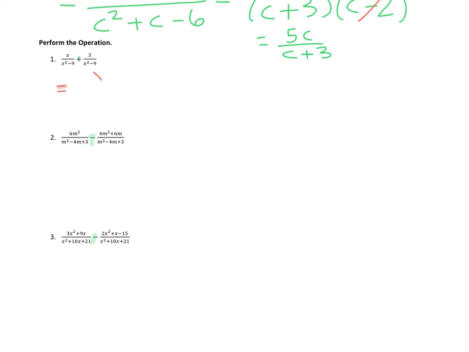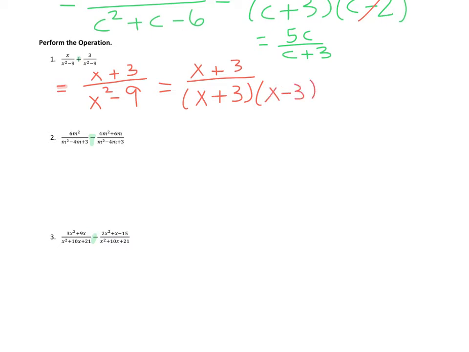All right, welcome back. So all of these have the same common denominator. So again, the denominator stays the same, and you do the operation to the top. And once you do that, you factor everything completely and look for common factors.